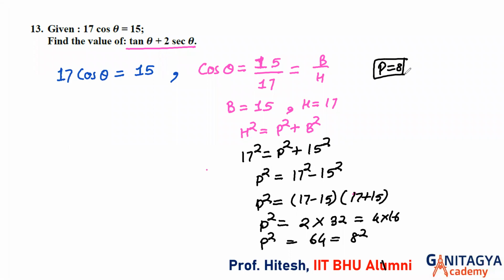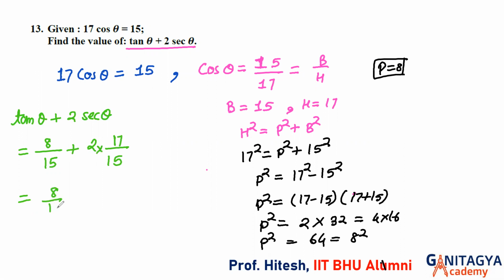So now we can find out what we have to find out. We have to find out tan theta plus 2 sec theta. So tan theta is perpendicular upon base. What is the perpendicular here? Perpendicular is 8 upon base. Base is 15 plus 2. Sec theta is 1 upon cos theta, and cos theta is 15 upon 17, so I can write it 17 upon 15 into 2.